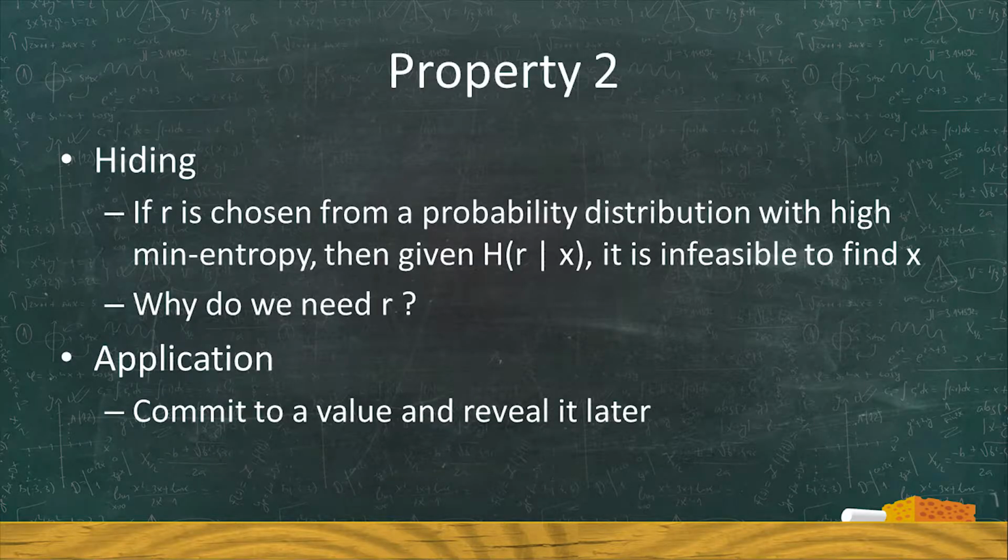So you add a random salt so that if you have two people with the same password, then you're hiding that information. One of the important applications of this is what's called a commitment. For example, you want to commit to some particular decision ahead of time, but you don't want to reveal it.